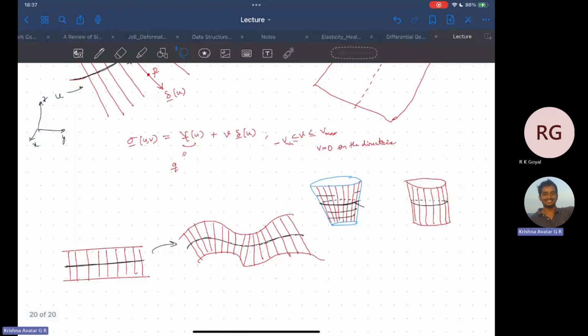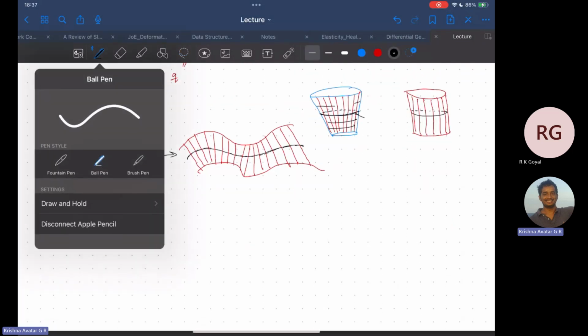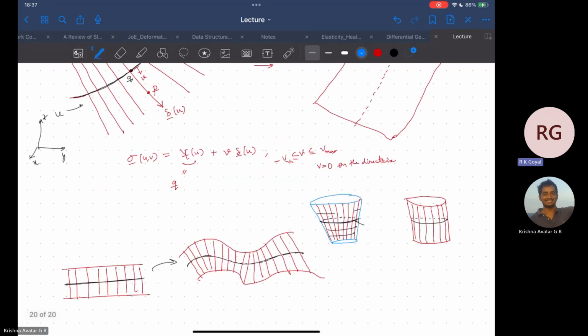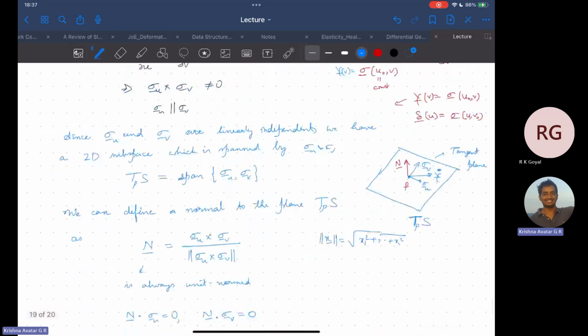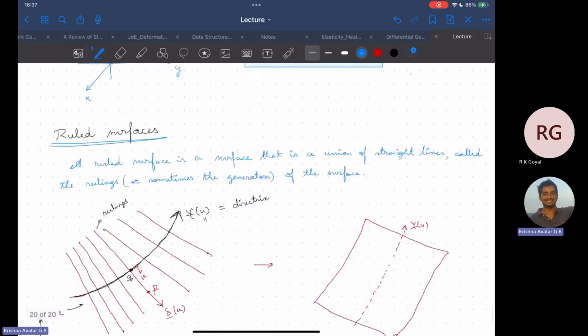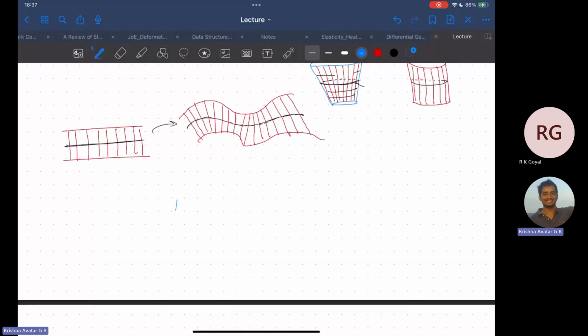Now, since we have many such ingredients in our hands, let's look at some of the conditions for a ruled surface to be regular. So can you give an example of a surface which is not a ruled one? Say, for example, a sphere. A sphere is not a ruled surface. Ruled surfaces are a proper subset of the general class of surfaces, or even smooth surfaces.